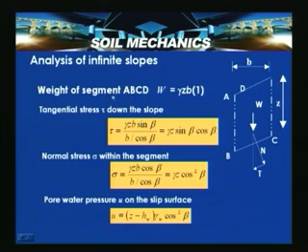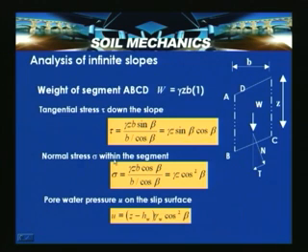So the weight of the segment ABCD is W equal to gamma z b. The tangential stress tau down the slope can be determined from the tangential force T, which is a component of the weight of this segment ABCD, given by tau equal to gamma z b sin beta divided by b by cos beta, which gives gamma z sin beta cos beta. That is, the tangential stress tau down the slope is tau equal to gamma z sin beta cos beta.